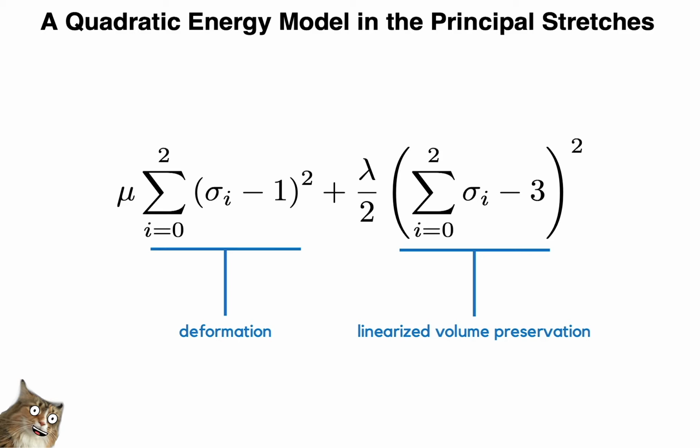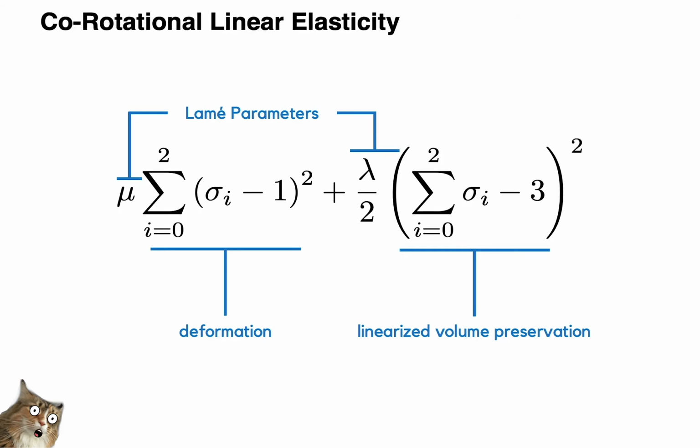It's this volume preservation that causes elastic objects to bulge out when we squish them. We control the relative strength of these effects using material parameters called the Lamé parameters. This model is commonly referred to as the co-rotational linearly elastic model.